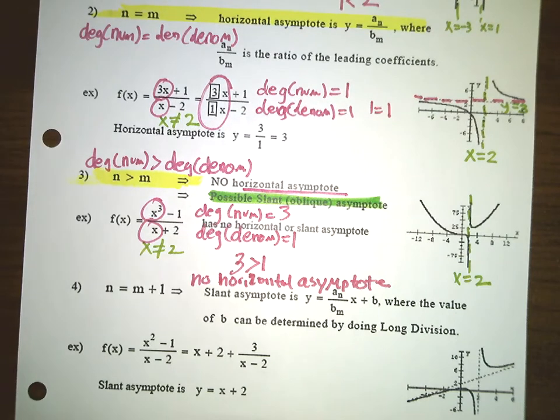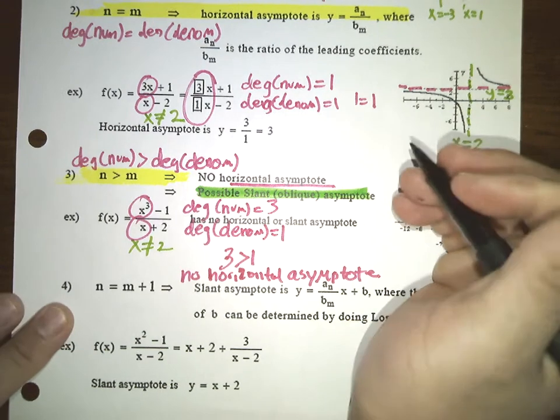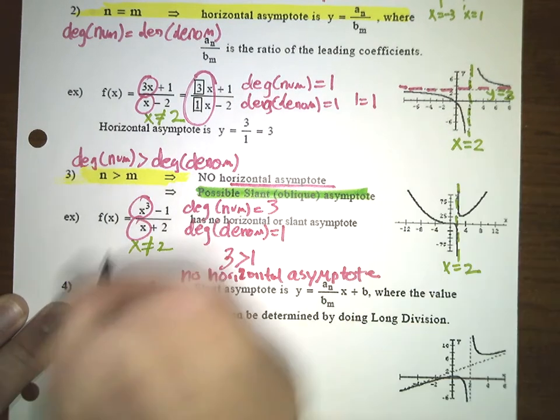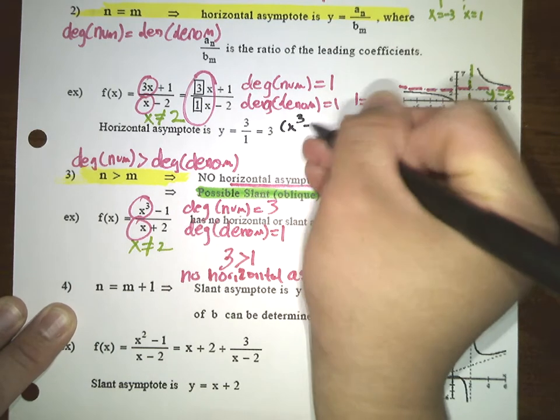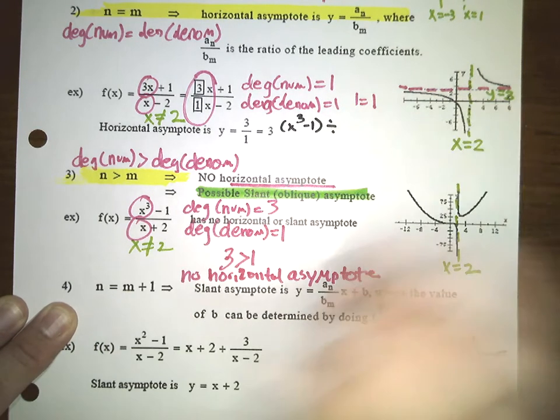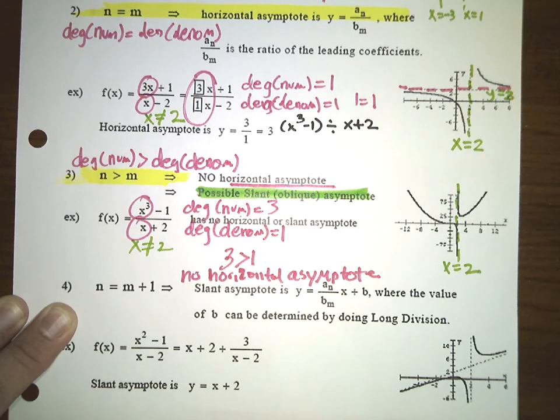So how would you find that slant or oblique asymptote? Well, what you actually do is you do the long division. So it's x to the third minus 1 divided by x plus 2, and then you would just see what is going on here.